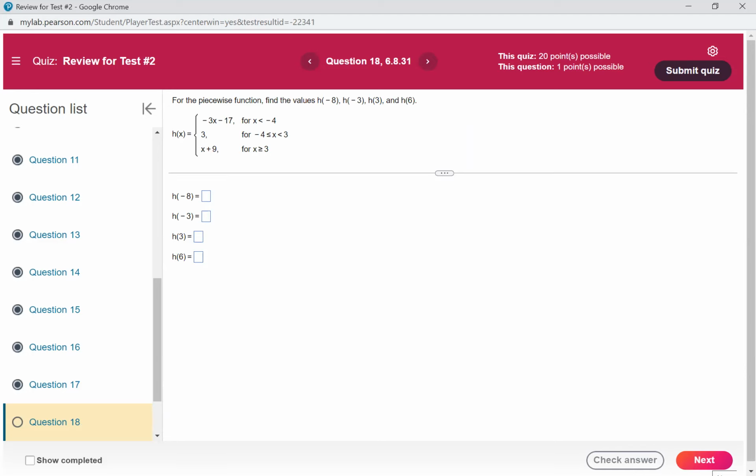It equals x plus 9 for any x's that are greater than or equal to 3. So they want us to find h of negative 8, h of negative 3, h of positive 3, and then h of positive 6.